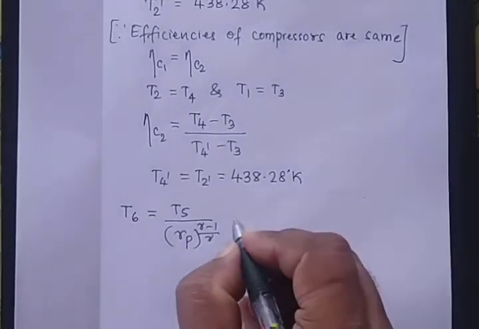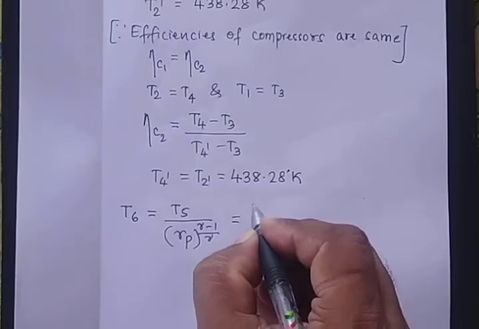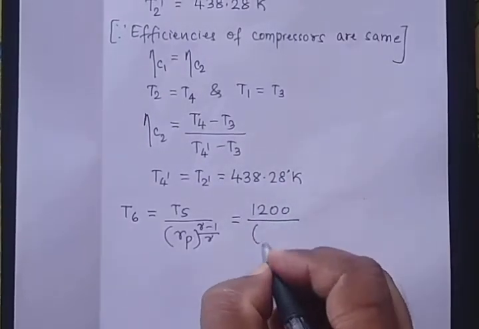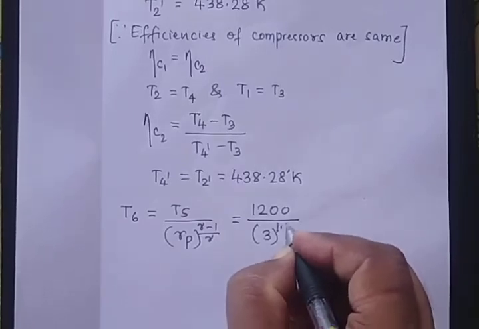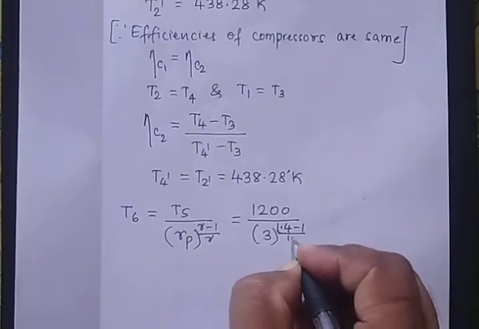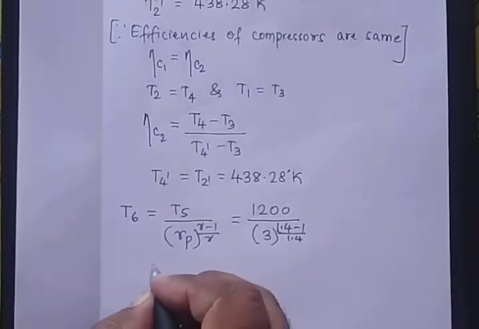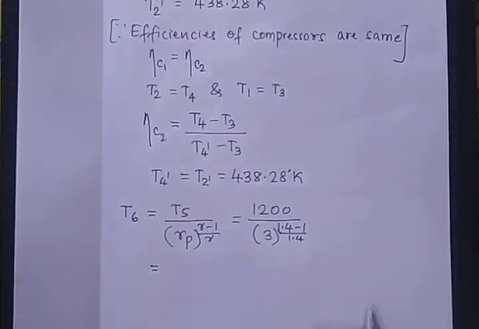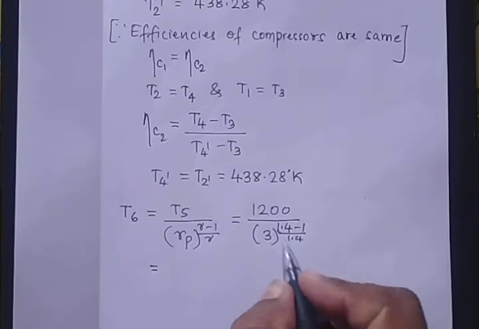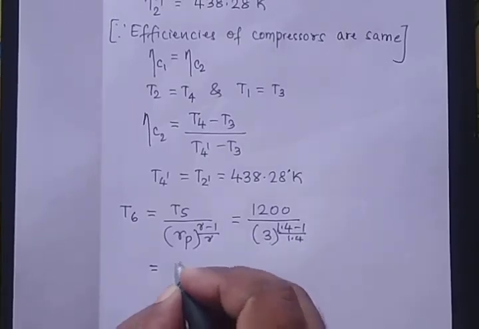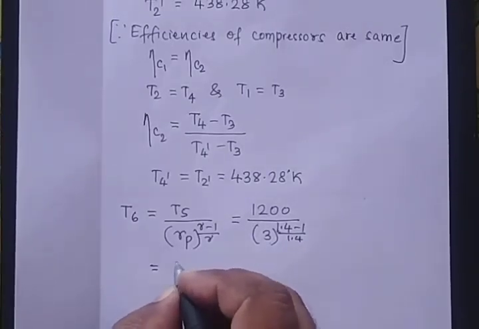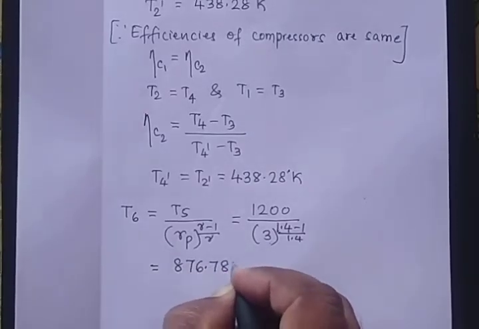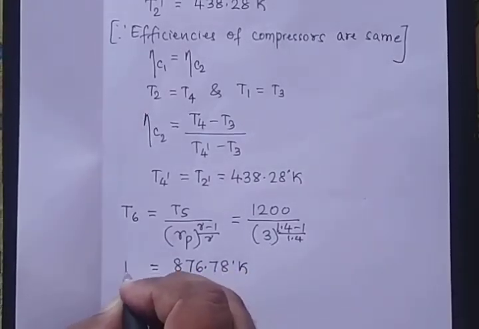That is, we know the value of T5, it is 1200 Kelvin given to us, and Rp is same, that is 3 whole raised to 1.4 minus 1 divided by 1.4 in the denominator. So on solving it you get it as 876.78 degrees Kelvin, that is T6.